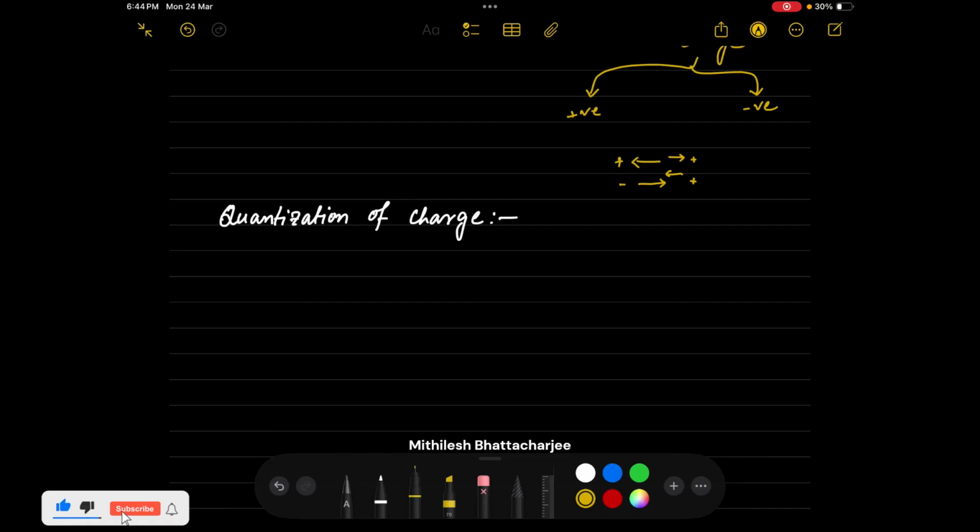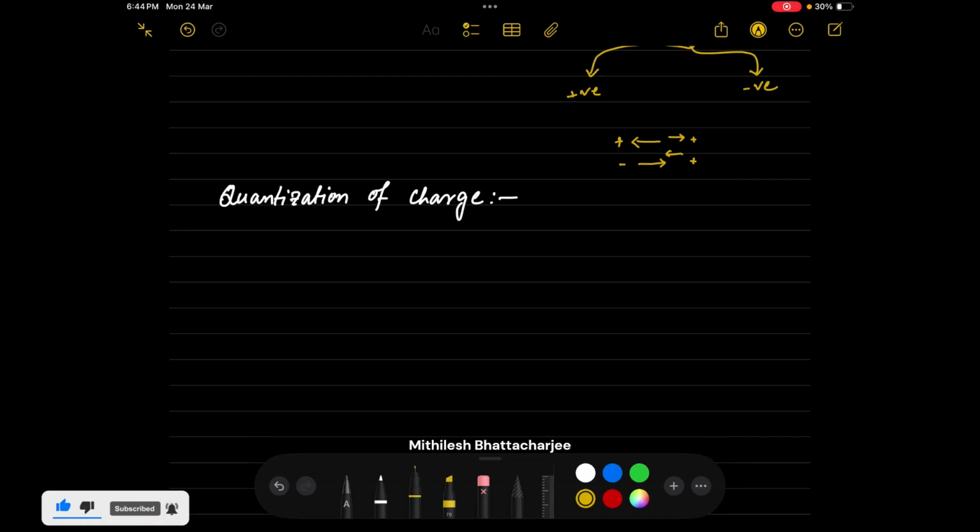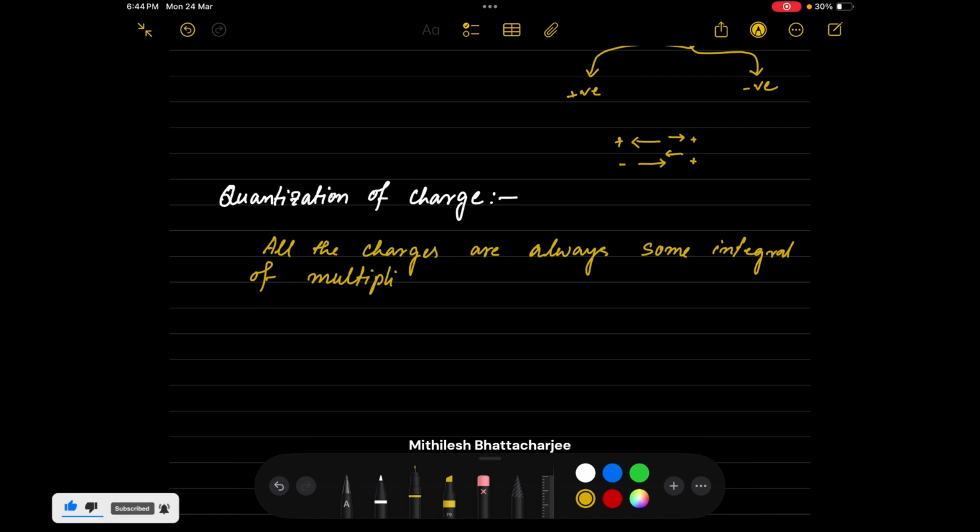So the fact is all the charges are always some integral multiplication of elementary charge.